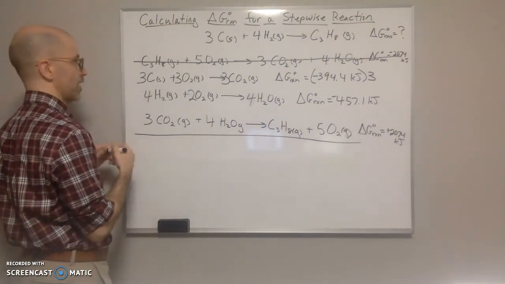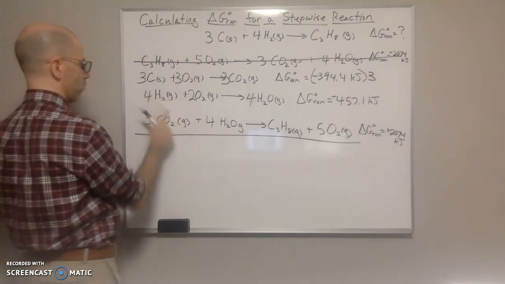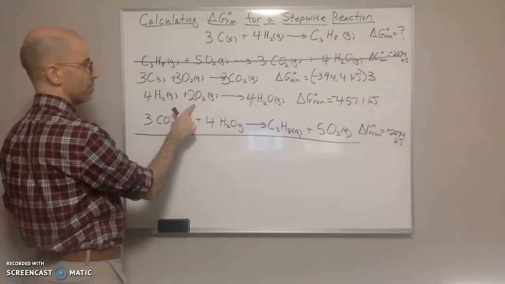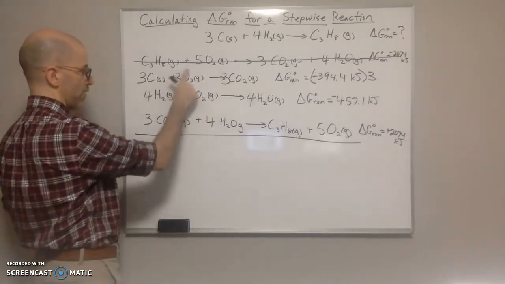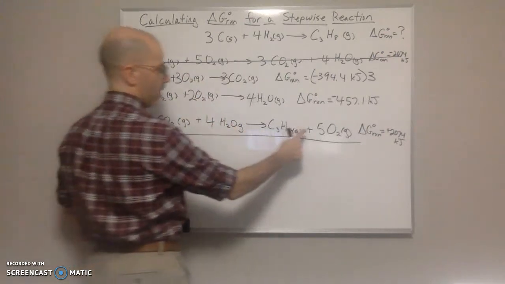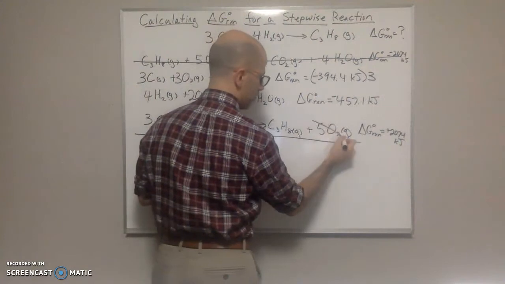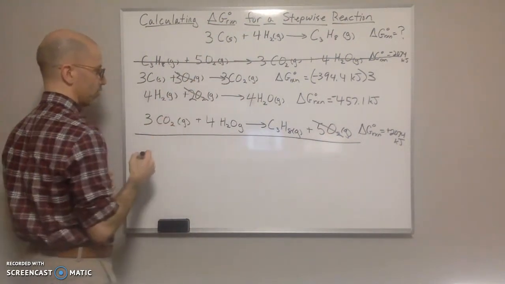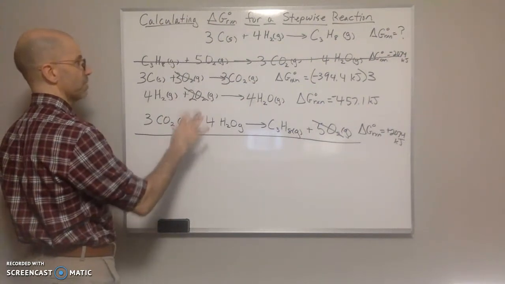Everything else you cancel out. So for example, oxygen here. It looks like when we add these together, we have 5 oxygens here. So we need 5 oxygens as a product. So we have them here as a reactant. And look, we have 5 oxygen here as a product. So these 5 will cancel out with these 3 and these 2. Okay, so that gets rid of the oxygen.